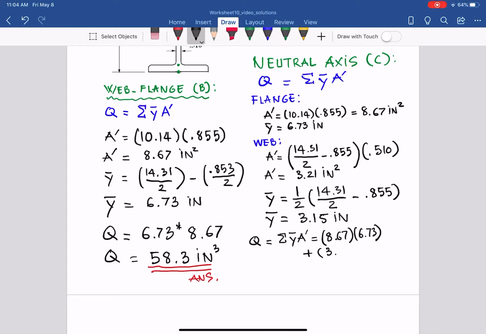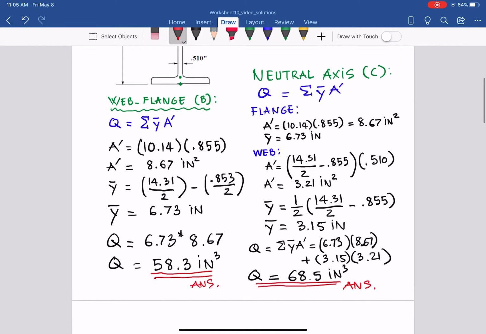Let's put it in order there. 6.73 times the area 8.67, and then we have 3.15, y bar for the web, times 3.21. So from that we have Q equal to 68.5 inch cube, and that is the answer for the first moment of outward areas at the neutral axis.